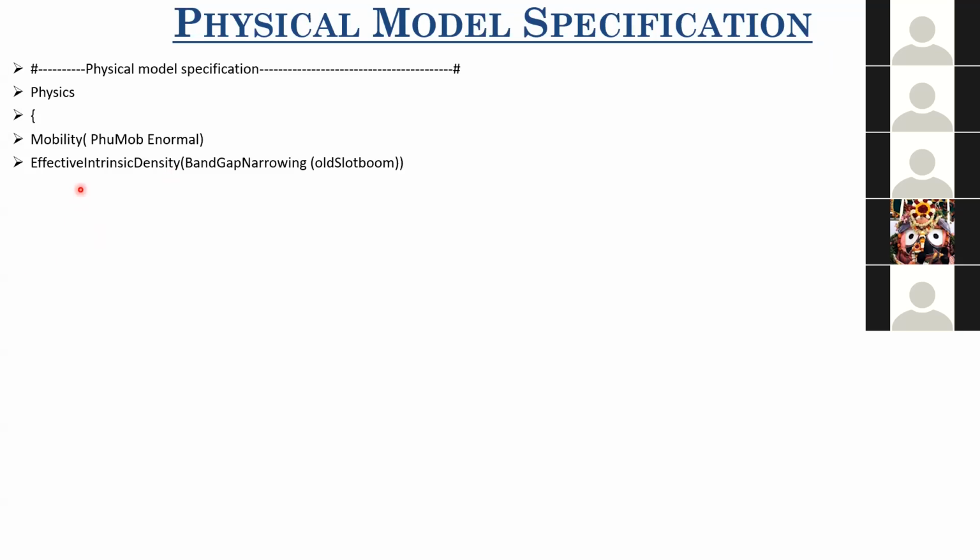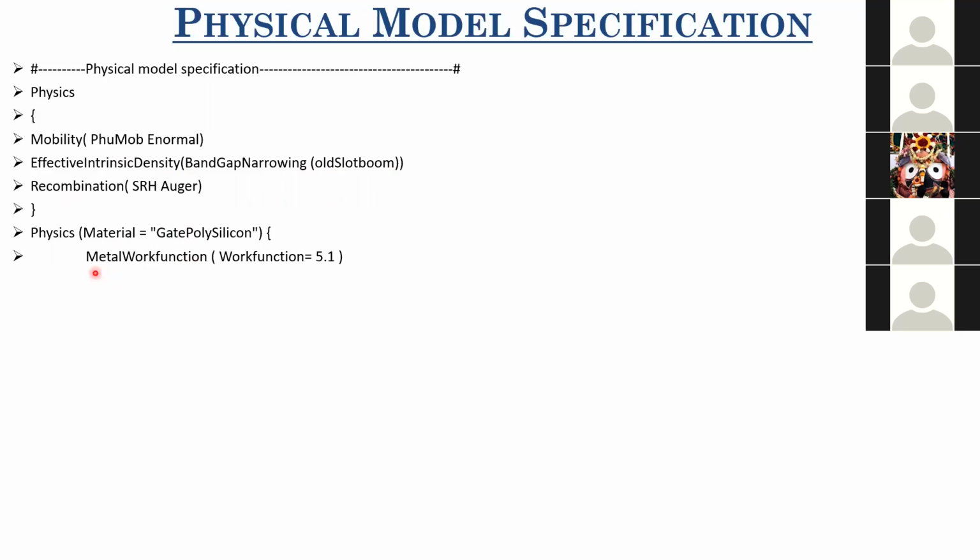Then I've also used effective intrinsic density, that is the band gap narrowing model, and I've used the old sawtooth model, which gives you correct results for junctionless FETs where the doping is 1E19. Then I've used SRH and Auger recombination models. Now, since the material of the gate was defined as polysilicon, you can also define an appropriate work function. I can actually define a work function of 5.1 here.